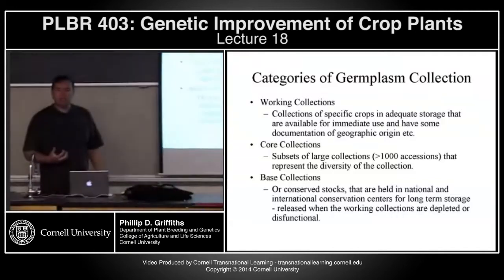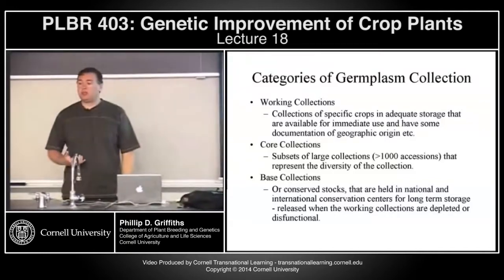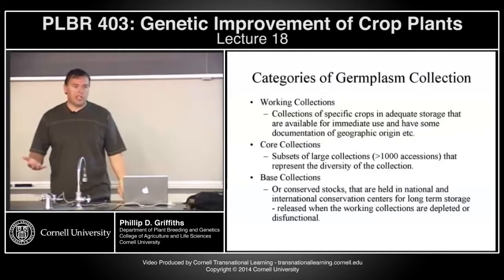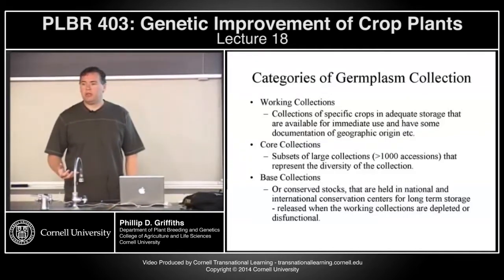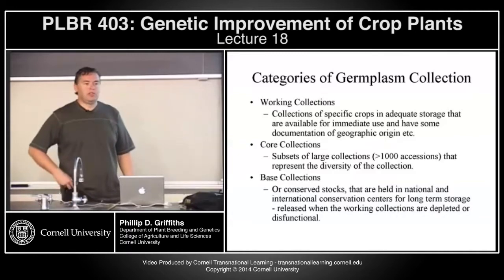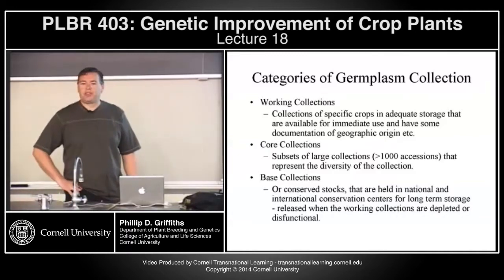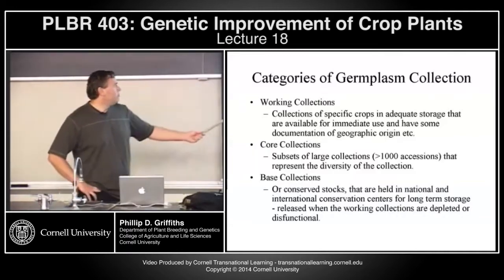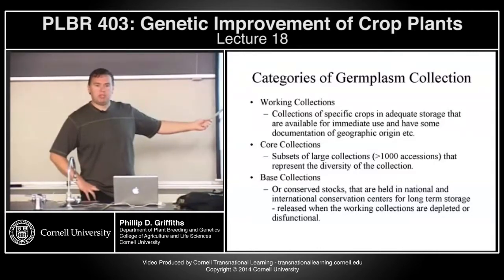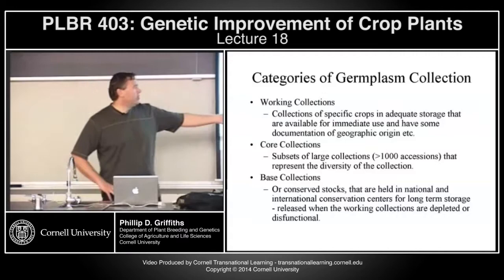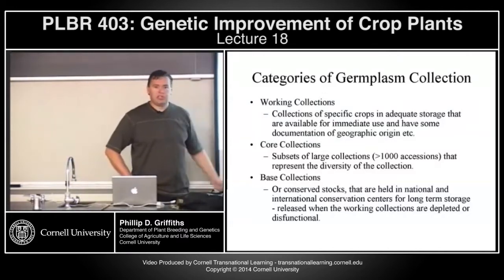Because some of the collections of species may be 30,000 accessions, this is very difficult for a researcher or breeder to work with. So in the last 20 years, there's been an effort to produce subsets of some of these crop species, particularly for those that have more than 1,000 accessions.